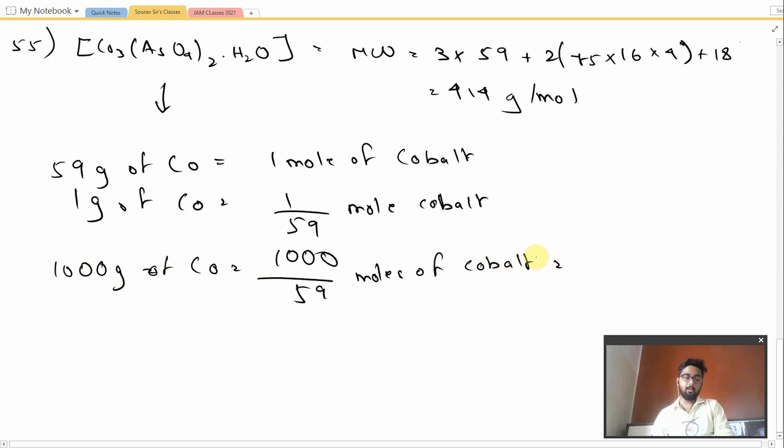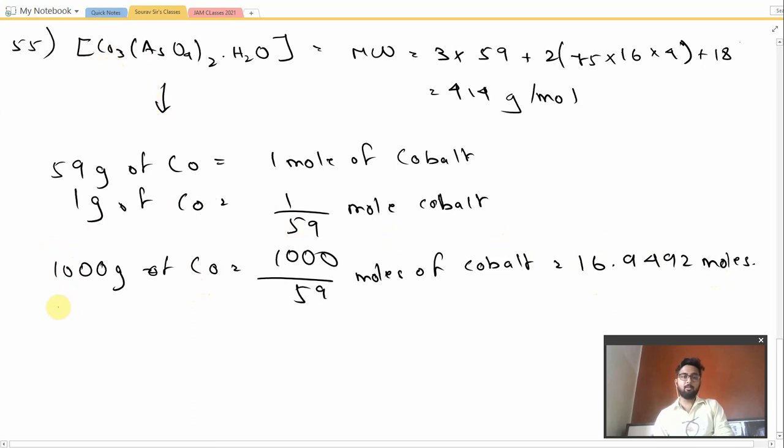Which is equal to 1000 divided by 59. This value comes out to be 16.9492 moles of cobalt. So this amount of moles of cobalt would give us exactly 1 kg of cobalt. From one molecule of this ore, 3 atoms of cobalt are coming.